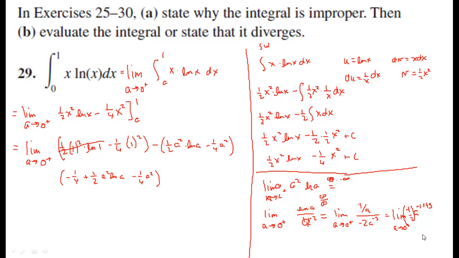So when I clean this all up, I get the limit as a approaches 0 of a squared times negative 1/2, and that's equal to 0. So there we have it. When we apply the limit to this expression, I get negative 1/4. I got this going to 0, that going to 0. I believe the answer is negative 1/4.